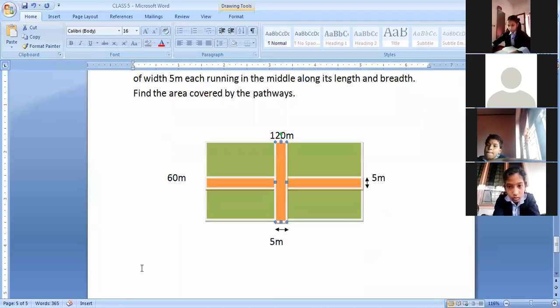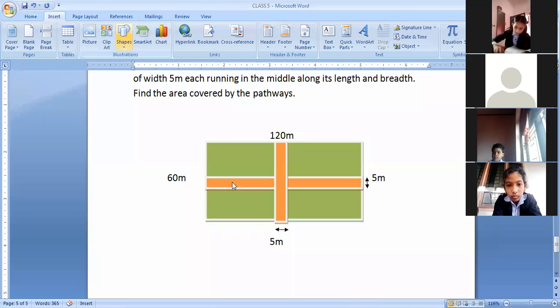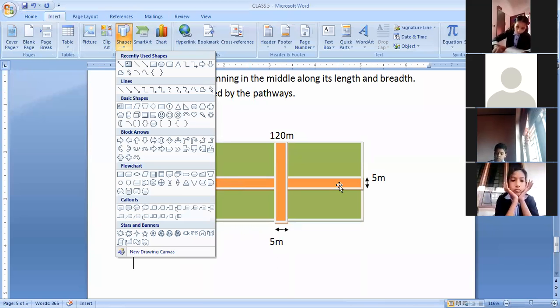What do you think? Whether it is right or not, no problem. At least tell me. Actually, we can find it like that, but we can add the area of this pathway.